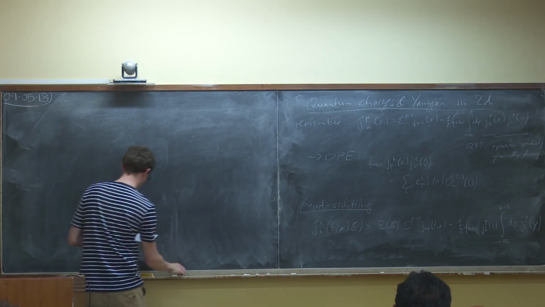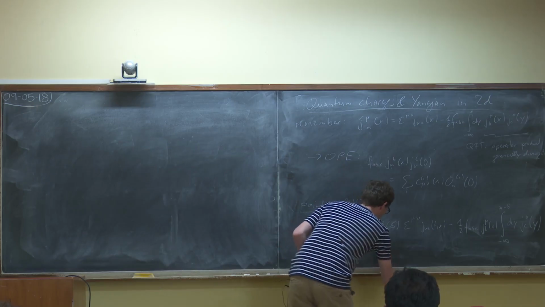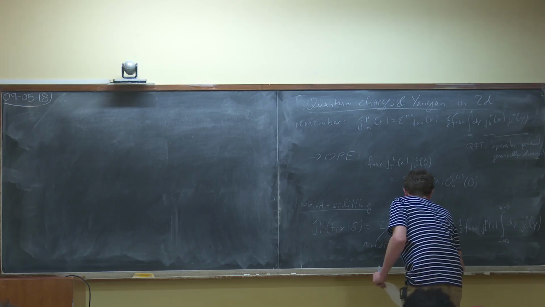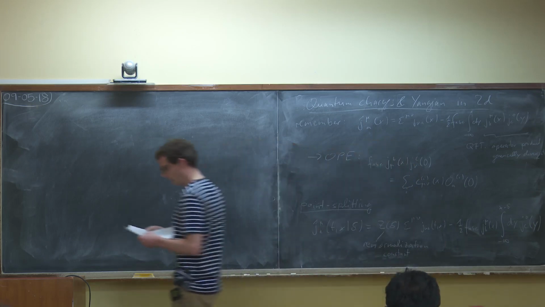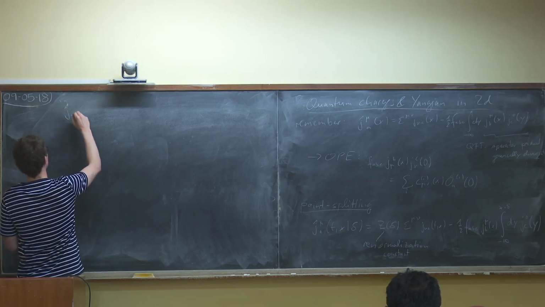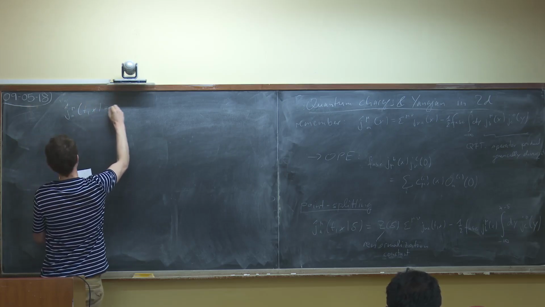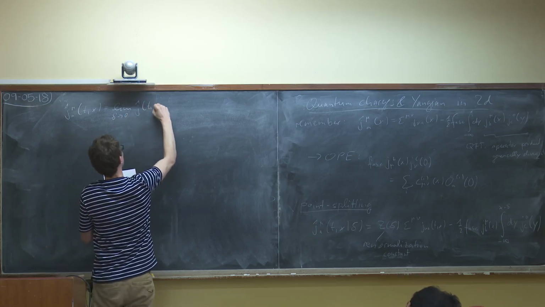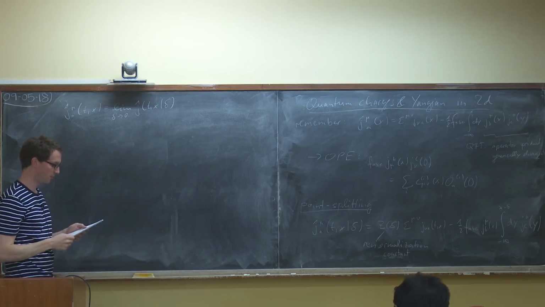Here I introduce some renormalization constant. The idea is then that I define my regularized current as this limit of delta going to 0.